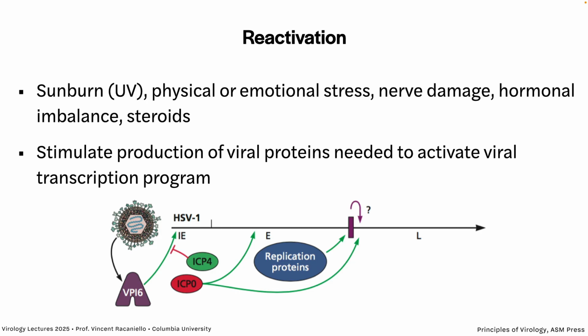The cell proteins don't recognize it. So when the virus infects, it brings this protein VP16 along with the virus particle, which helps to get that promoter working. Now, when you're latently infected, there's no virus particles around, so there's no VP16. So for years, people could not figure out how reactivation worked, because you have to make IE proteins first before you can make virus particles.